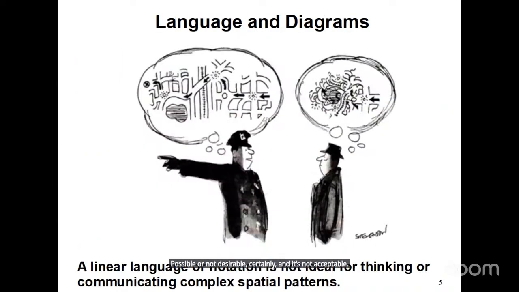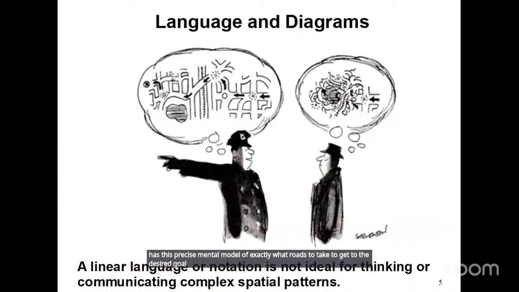Now, this diagram shows a cartoon where the man on the right has asked a question, and the policeman has this precise mental model of exactly what roads to take to get to the desired goal.